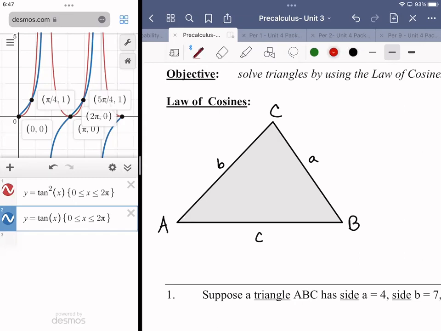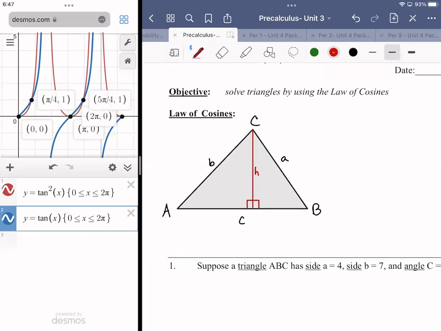But if you drop an altitude from that vertex angle C, and call it H for altitude, I already used A, so H for height, then we can develop some ratios, we can develop some measures, right?